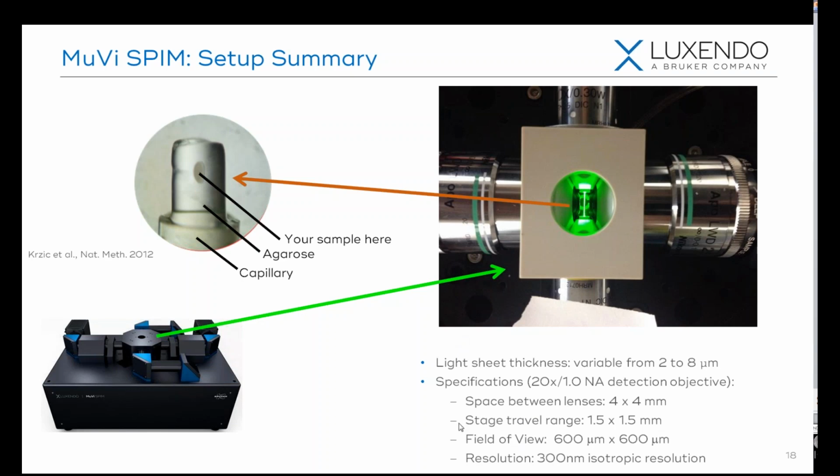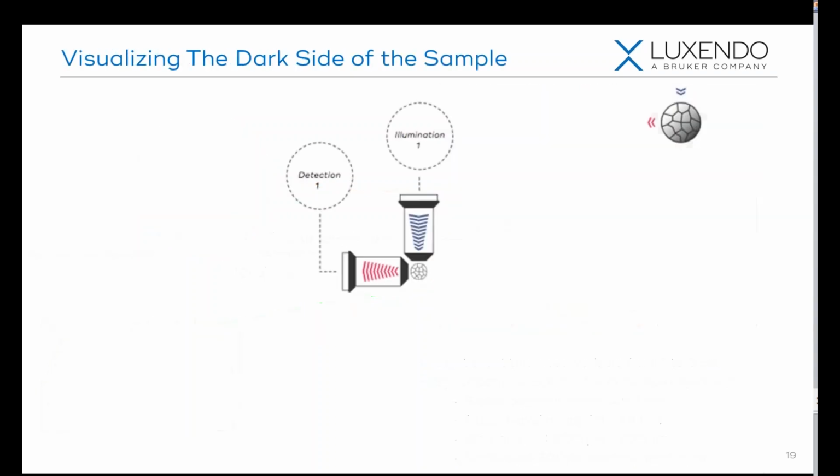And this light sheet system gives us a very large field of view and up to 300 nanometer isotropic resolution. And as I mentioned before, this 4-objective geometry is very advantageous for large samples.